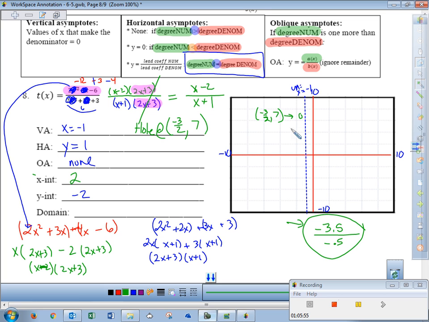I've got a horizontal asymptote. Got some x-intercepts. X-intercept of 2.